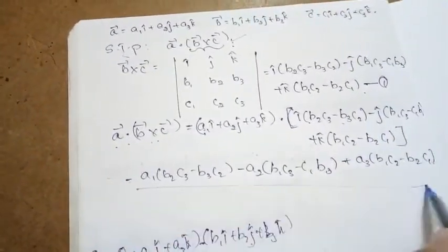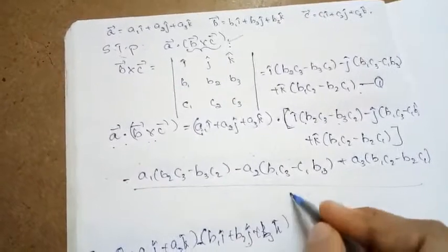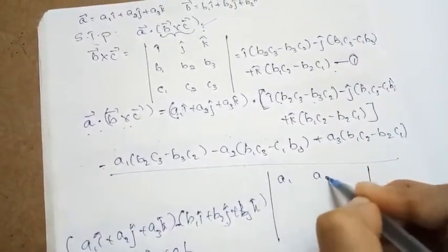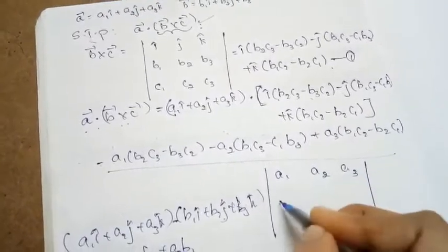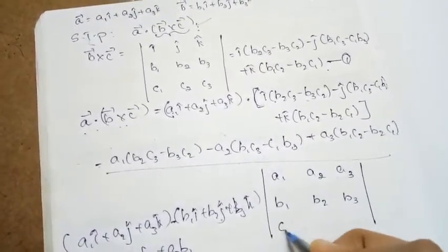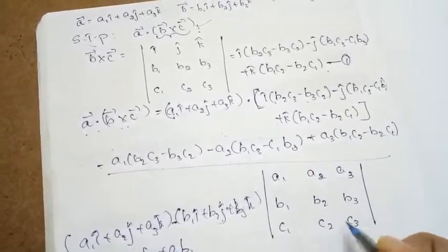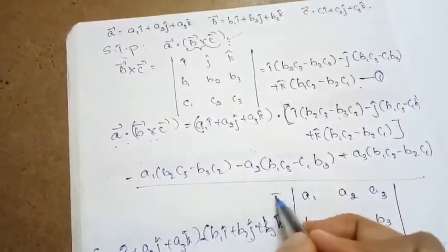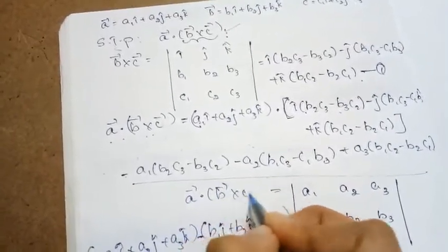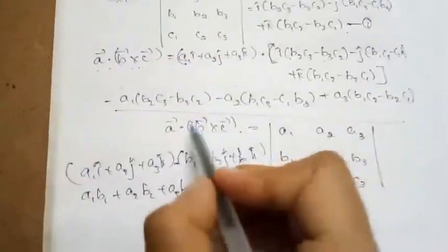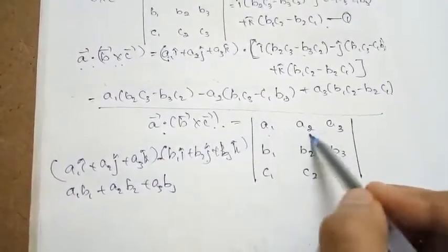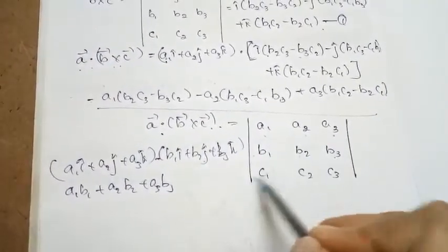You can observe properly here, this is nothing but the determinant where the first row is a1 a2 a3, the second row is b1 b2 b3, and the third row is c1 c2 c3. So this is nothing but our vector A dot vector B cross C. So vector A dot vector B cross C is the determinant of a1 a2 a3, b1 b2 b3, c1 c2 c3.